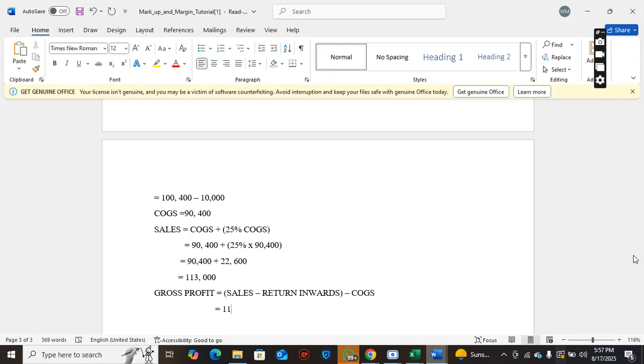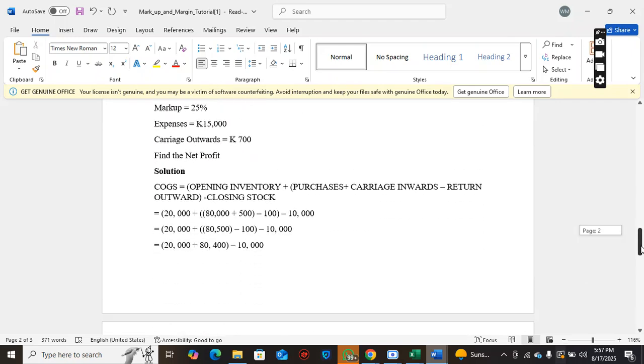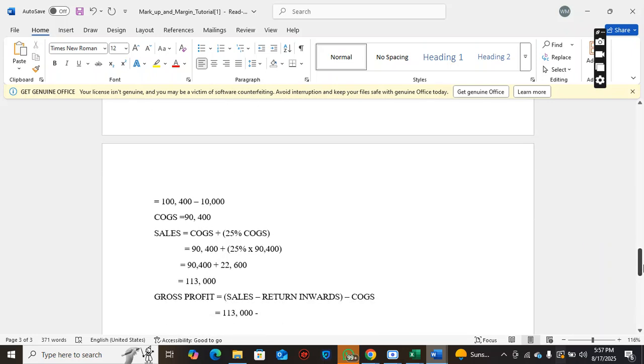Sales 113,000 minus return inwards of 50 kwacha minus cost of goods sold 90,400.